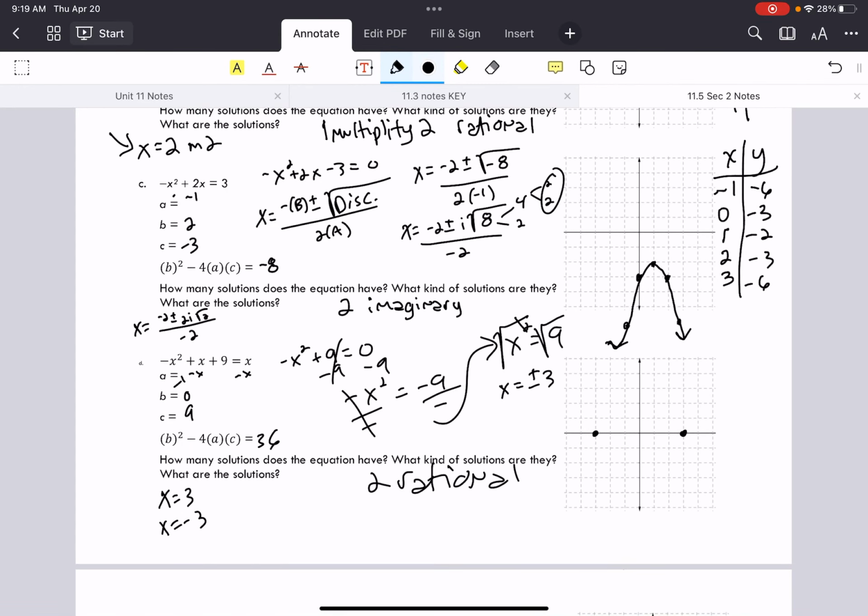All right, last one. Okay, I want to do the one again that equals 0, so the negative x squared plus 9.